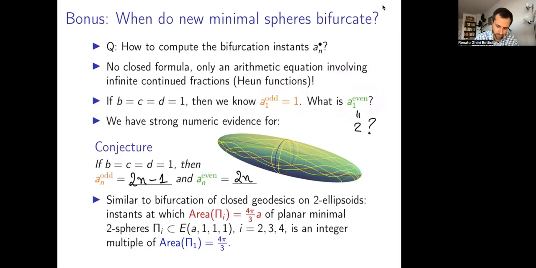There are some reasons to believe this conjecture other than the numeric evidence. For example, there's an analogy with closed geodesics on ellipsoids, at which closed geodesics bifurcate when their lengths are integer multiples of one another.